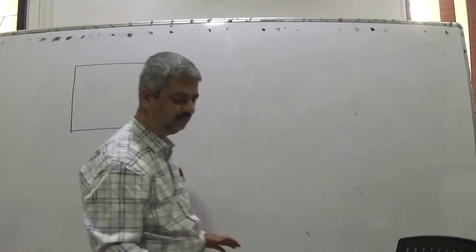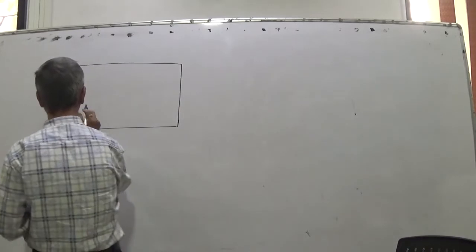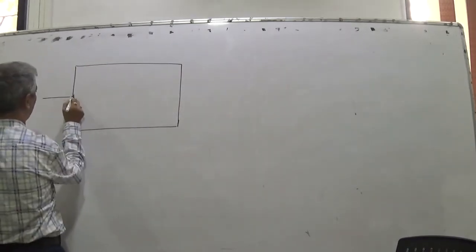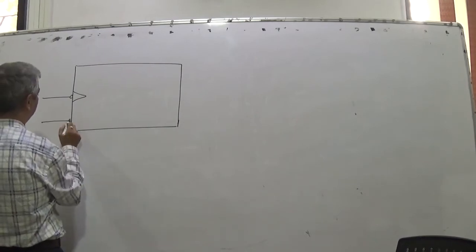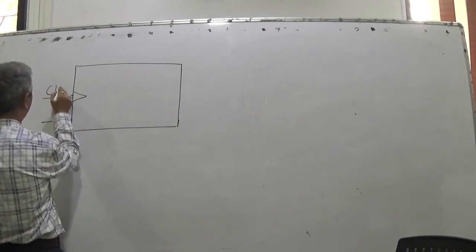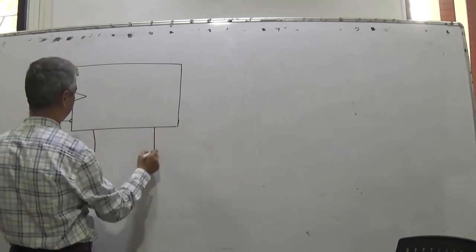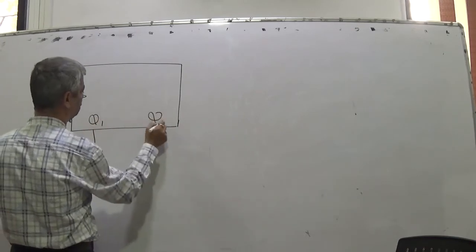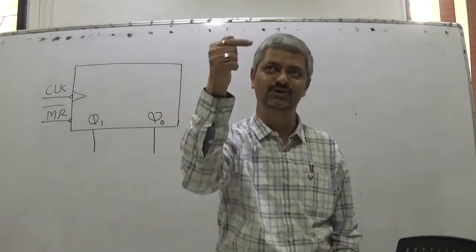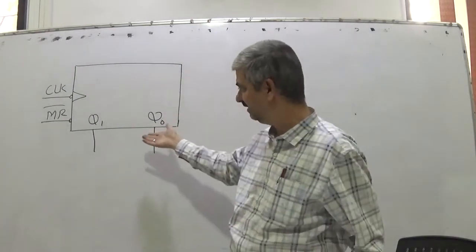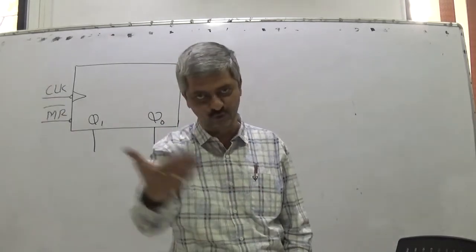Somehow you want a circuit for which there should be one clock pin, there should be overall master reset, clock, master reset, and 2 outputs, Q1 and Q0. So when clock is there, they should change 0, 0, 0, 1, 1, 0, 1, 1. This is a 2-bit counter. Then you will make it a 3-bit counter, 4-bit counter. Like that you will go on increasing.